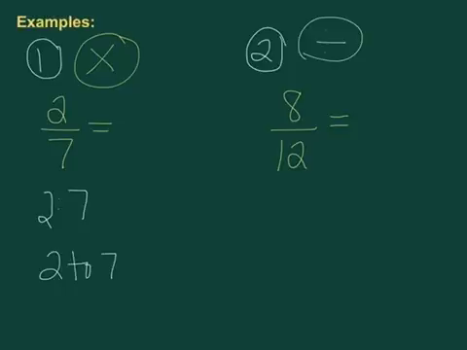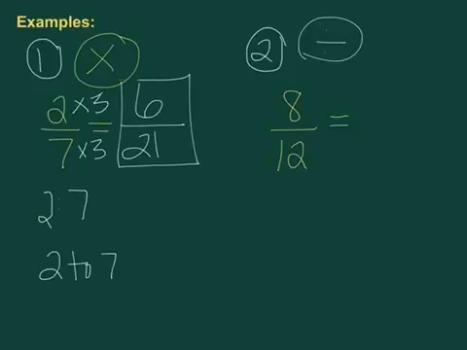When you're finding an equivalent ratio using multiplication, you can multiply by any number as long as you're multiplying the top and the bottom, or both numbers, by the same multiplier. So if I decide to multiply 2 by 3, I also need to multiply 7 times 3. 2 times 3 is 6, and 7 times 3 is 21. So this 6/21 would be my new ratio.